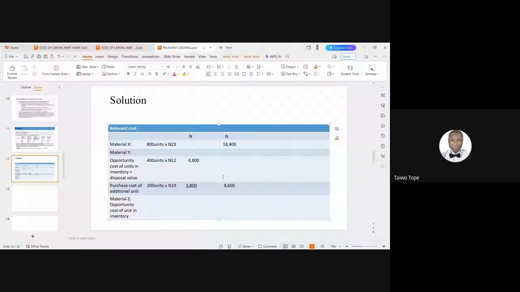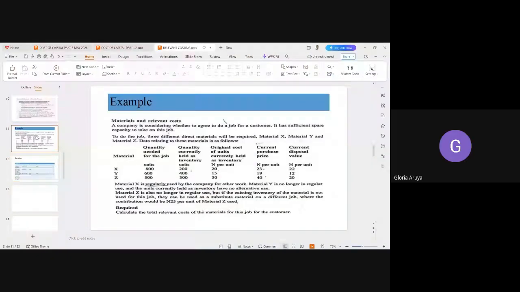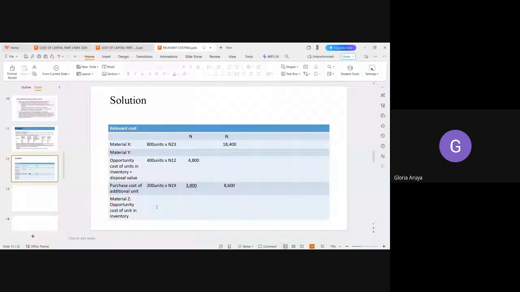Based on the explanations, 25 naira for 300 units, multiplied by 25 naira. And this will give us what? 7,500.